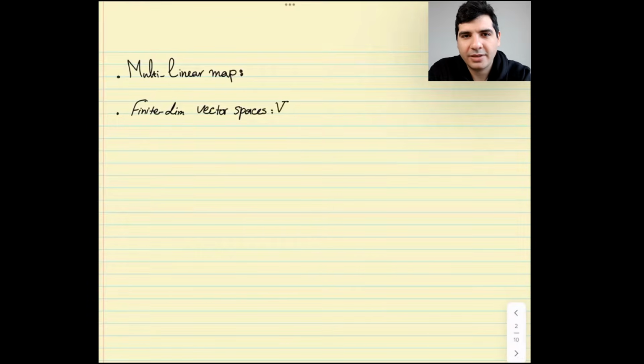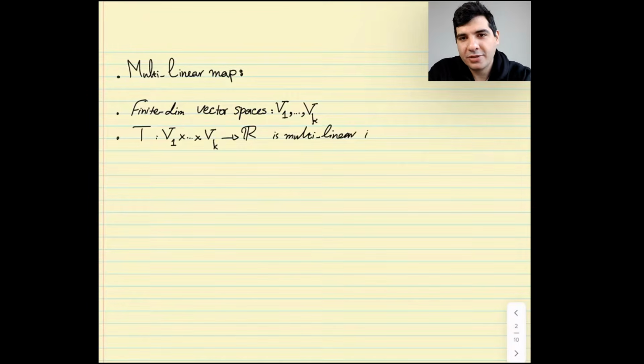Let's denote these vector spaces by V1 up to Vk. Now I would say a map T from the product of these spaces, V1 times V2 up to Vk, to R is a multilinear map if it's linear in each component, in each coordinate.